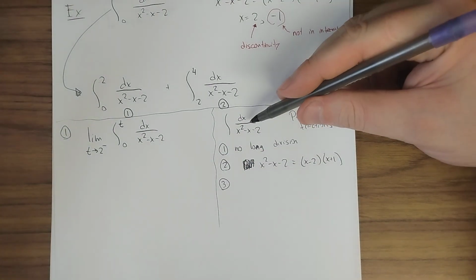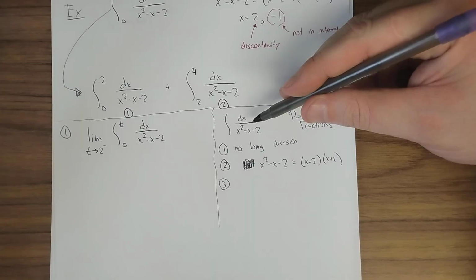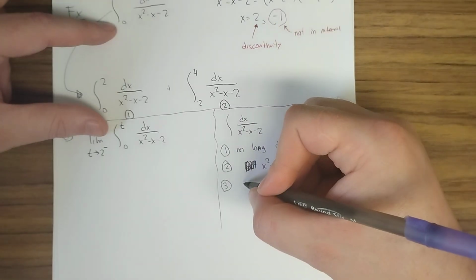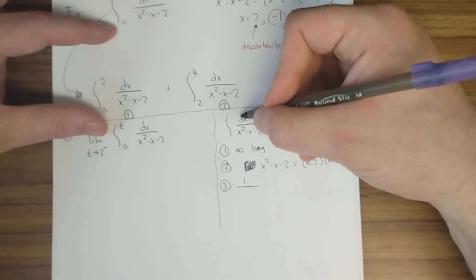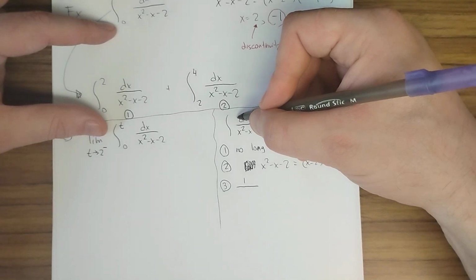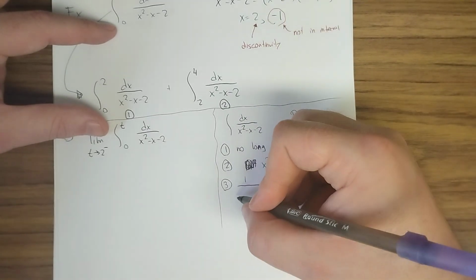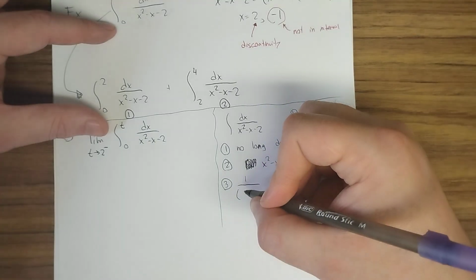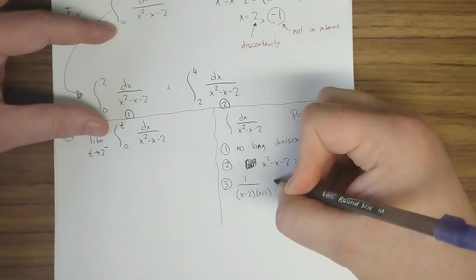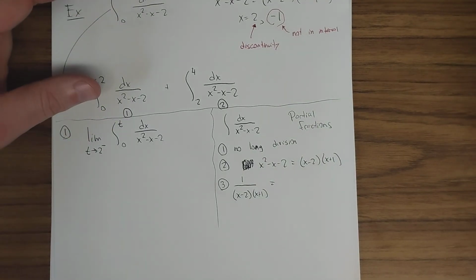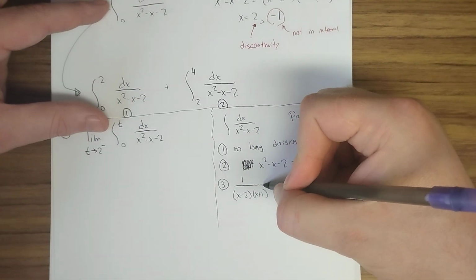Now I want to write the partial fraction decomposition. So on top, this is like a 1, and on bottom, I'll write the factored form. It's x minus 2, x plus 1. And what is the partial fraction decomposition?